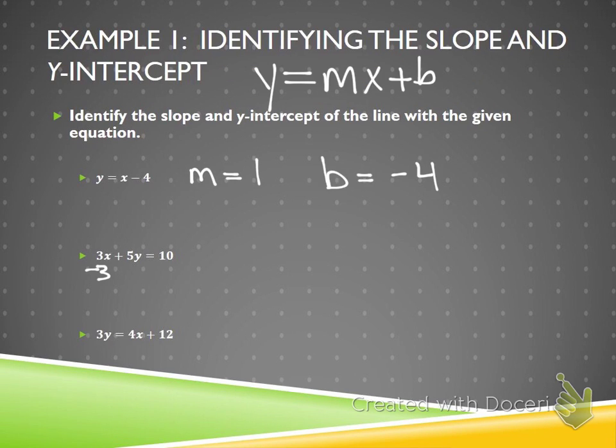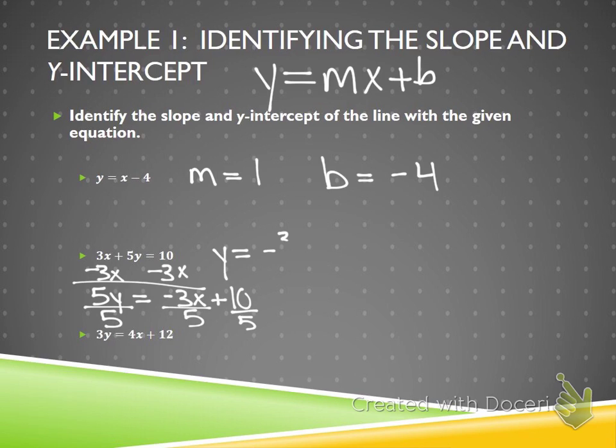So again, we've got to solve for y. We've got to get y by itself, so we subtract 3x first, and then we divide everything by 5. Okay, so did everybody get this for their slope-intercept form? Did you get y equals -3/5 x plus 2? Did you get it? Nod? Yes?